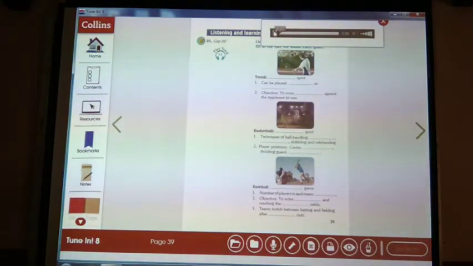Listen to descriptions of the sports and fill in the fact file about each sport. Tennis is a racket sport that can be played individually against a single opponent, singles, or between 2 teams of 2 players each, doubles.